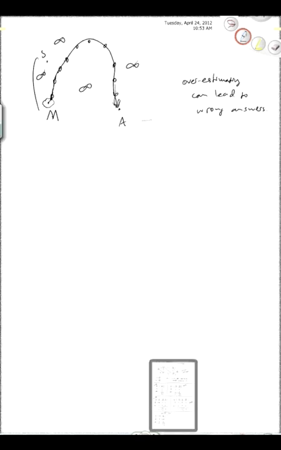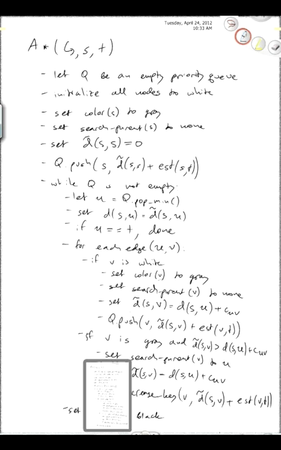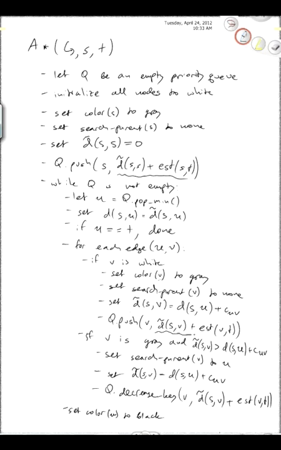One last thing to comment about A* is its running time. A* really is the exact same algorithm as Dijkstra's algorithm, except for one small difference: we have to compute these estimate functions. Let's imagine that these nodes here have latitude and longitude locations.